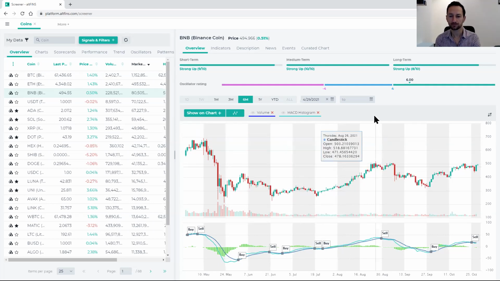But second of all, there will be times when the MACD signal gives us false signals, essentially. And you're going to have that with any trading strategy.